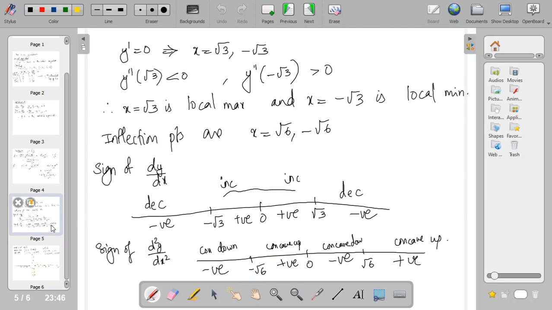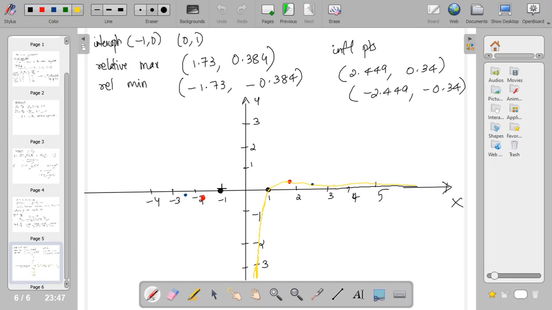So look at the behavior on the left side. So when you take minus root 3 to 0, the function is increasing, increasing and concave up. So that will be going to x equal to 0. So the graph will come like this.